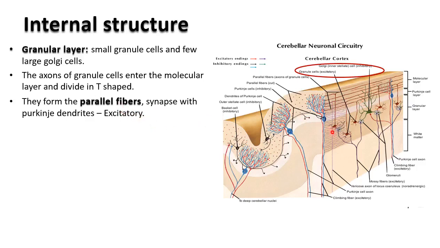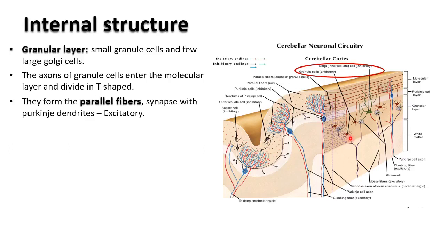Then the dendrites of the granule cells anastomose with the mossy fibers. You are able to see the mossy fibers. The fibers entering the cerebellum are called mossy fibers. Two types of fibers are there: one is the mossy fiber and the other one is the climbing fiber.